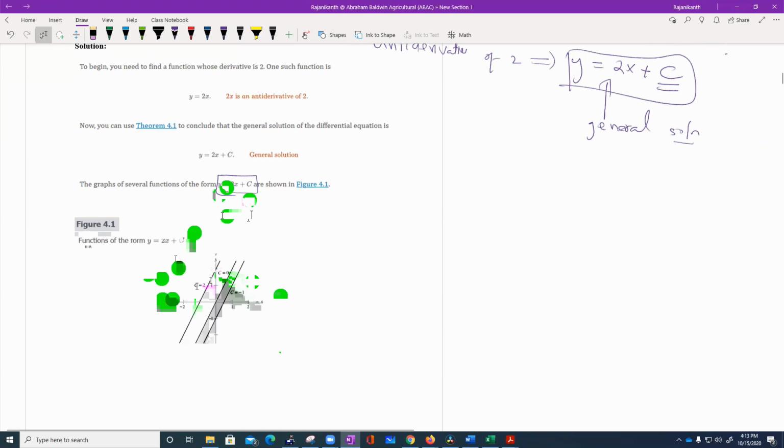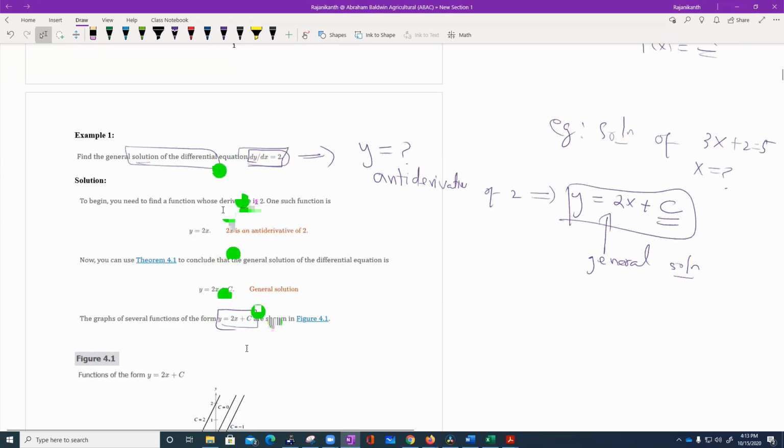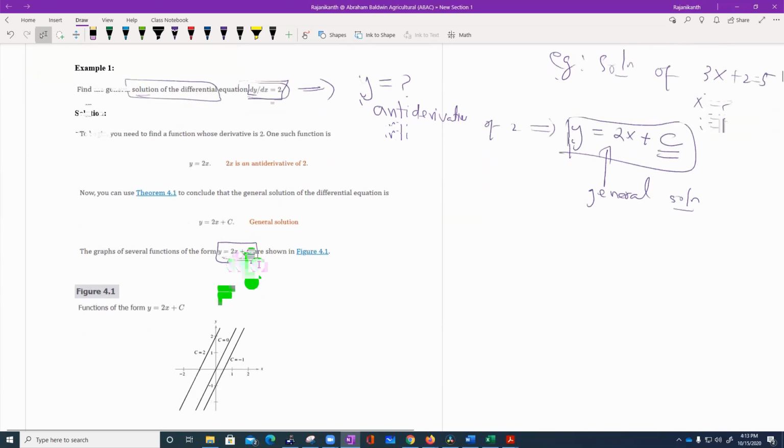Now look at this. For this particular problem, my answer is now y equals 2x plus c, right? This is my solution y, but if you try to plot the curve for this given relationship, this is nothing but a linear relationship, right? So this is simply the line y equals 2x plus some constant.